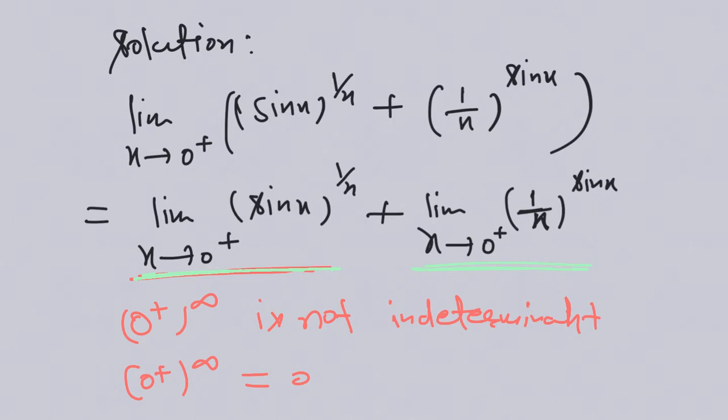The value of the first one will be 0 directly, since 0 plus to the power infinity directly gives the answer 0.